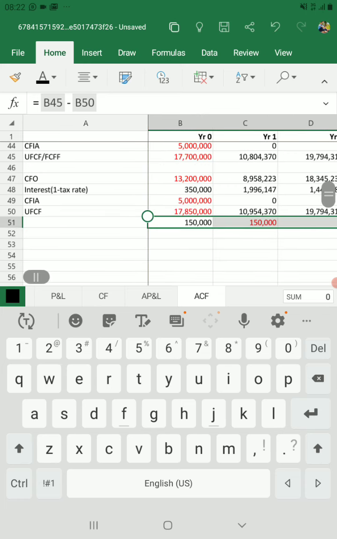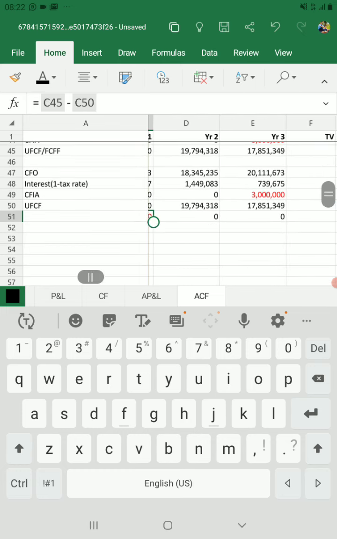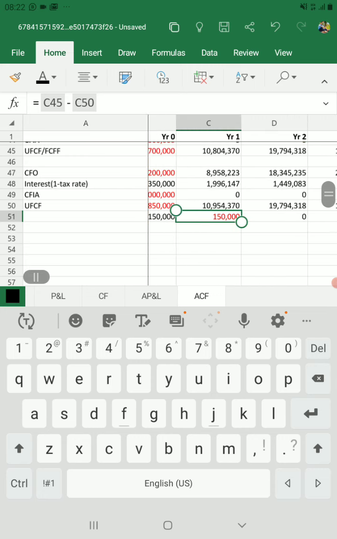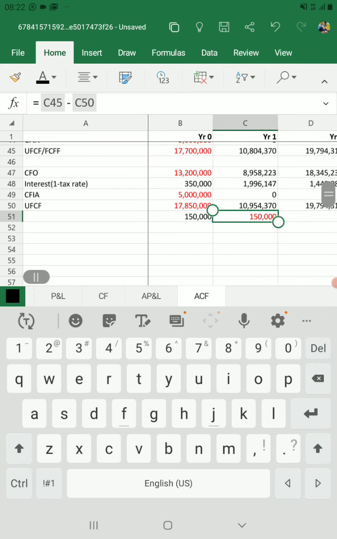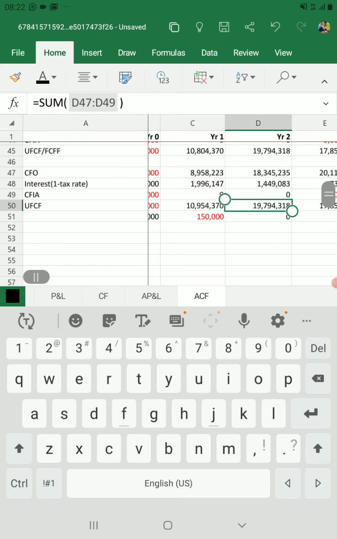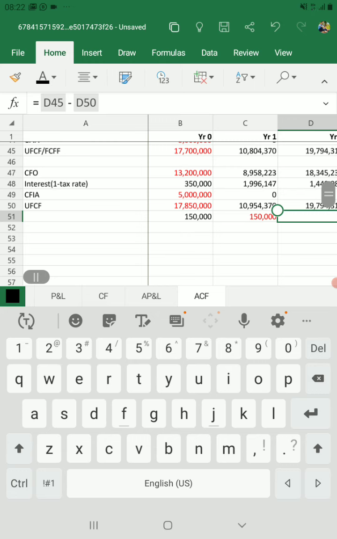So you can see the difference of 150 originated in year 0, and then it reversed in year 1, but from year 2 onwards there is no difference. Both methods, my approach and this approach used universally, are all providing the same metric of unlevered free cash flow.